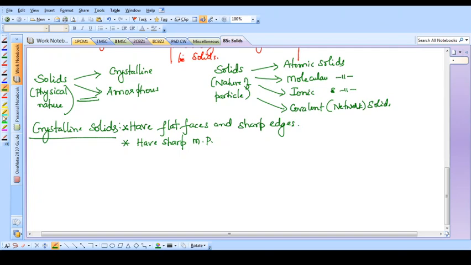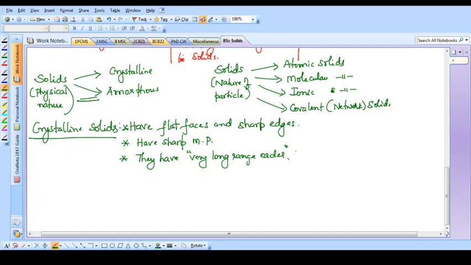Another important property of the crystalline solid, which is responsible for the above two properties, is that they have very long range order. This we have to understand in detail. What does it mean?